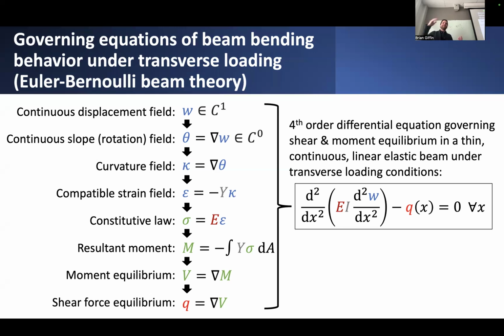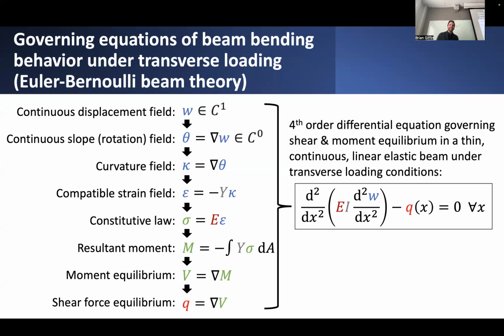We applied our normal constitutive law to relate that axial strain to axial stress. We found the resultant moment acting on the cross-section given this assumed, possibly but not necessarily linearly varying, stress distribution through the depth of the cross-section. And then through application of equilibrium, both sum of moments and sum of shear forces acting on a small subsection of a beam of finite length delta x, we posed moment equilibrium and shear force equilibrium on that subsection and considered what happens as we shrink its length down to almost zero.